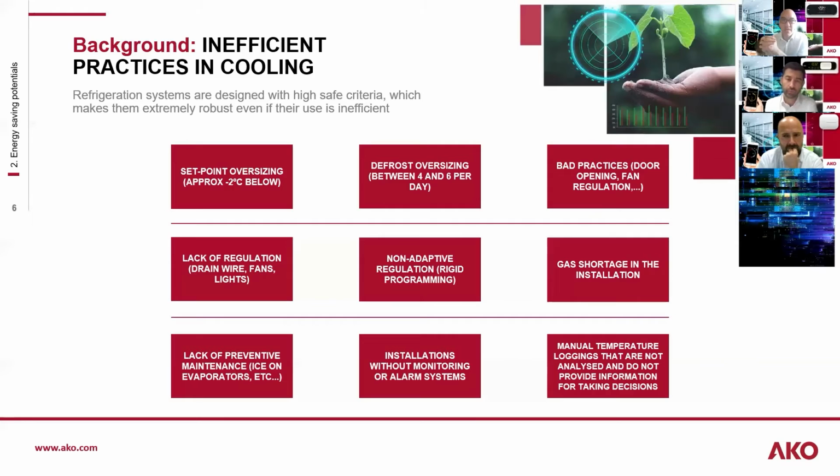And last but not least, preventive maintenance of the installation will also help a lot to keep the installation in perfect shape, like avoiding ice formation on the evaporators, for instance. There are also a lot of installations without any monitoring system or alarm system, and if you don't have the info, you cannot apply anything. And a lot of services are taken care of by manual temperature logging that is impossible to analyze and does not bring any valuable information from which you can take decisions.